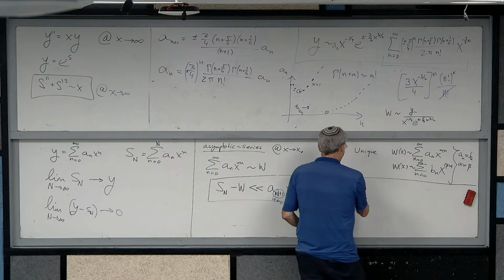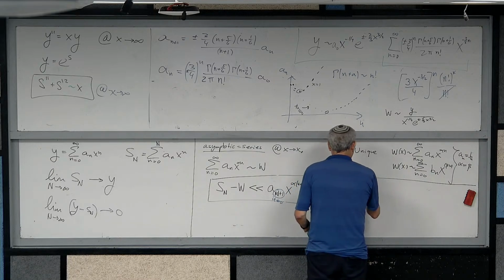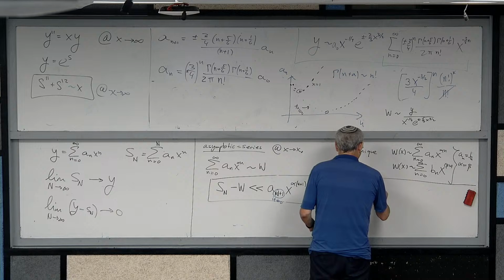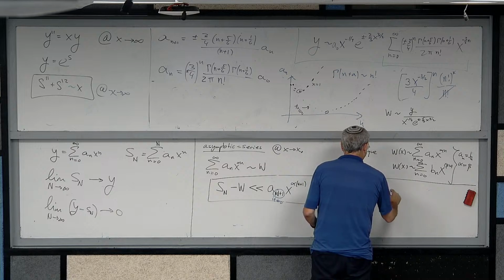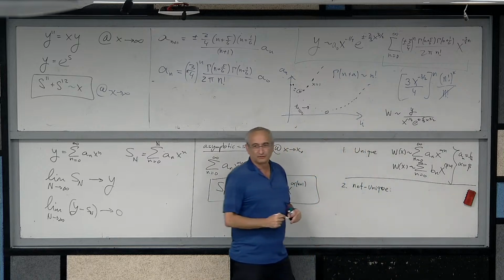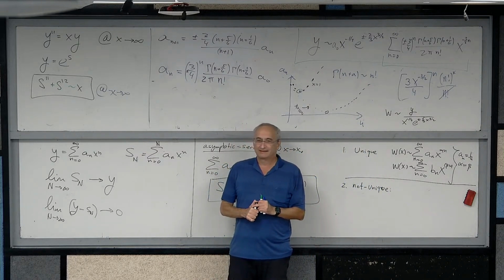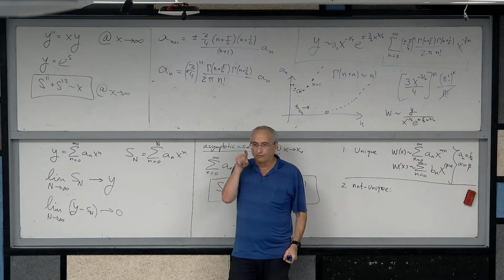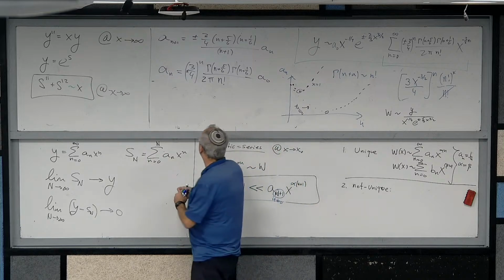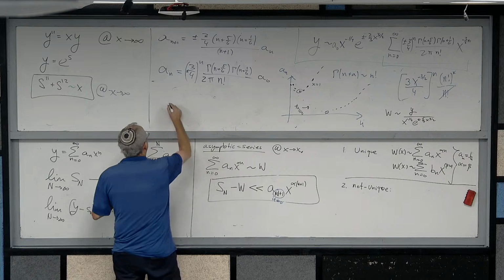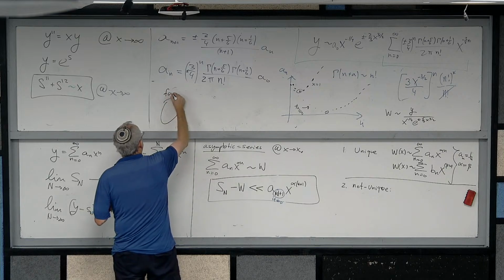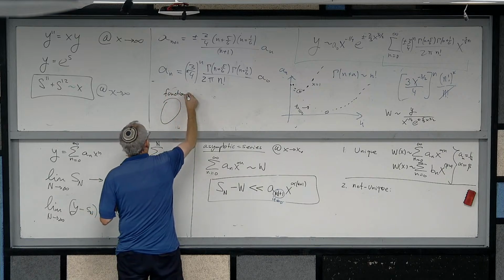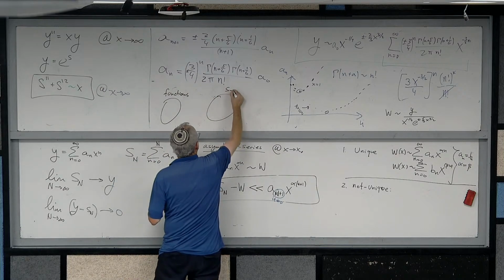On the other hand, asymptotic series are not unique. Why are they not unique? I say that there is only one arrow from, you see, these are functions and these are series.